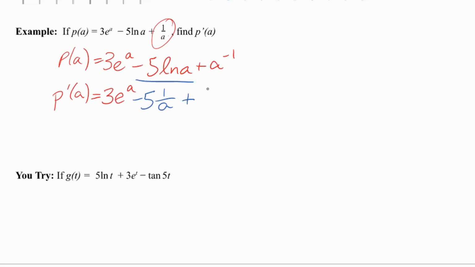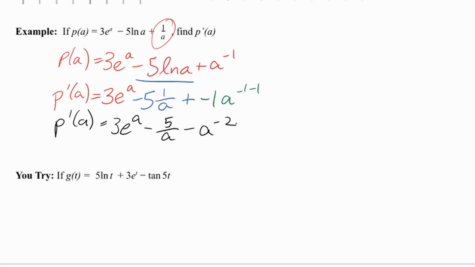So we're going to have plus negative 1 a to the negative 1 minus 1. So if we simplify this out, we get P prime of a equals 3e to the a minus 5 over a minus a to the negative 2. And we can rewrite that as P prime of a equals 3e to the a minus 5 over a minus 1 over a squared.